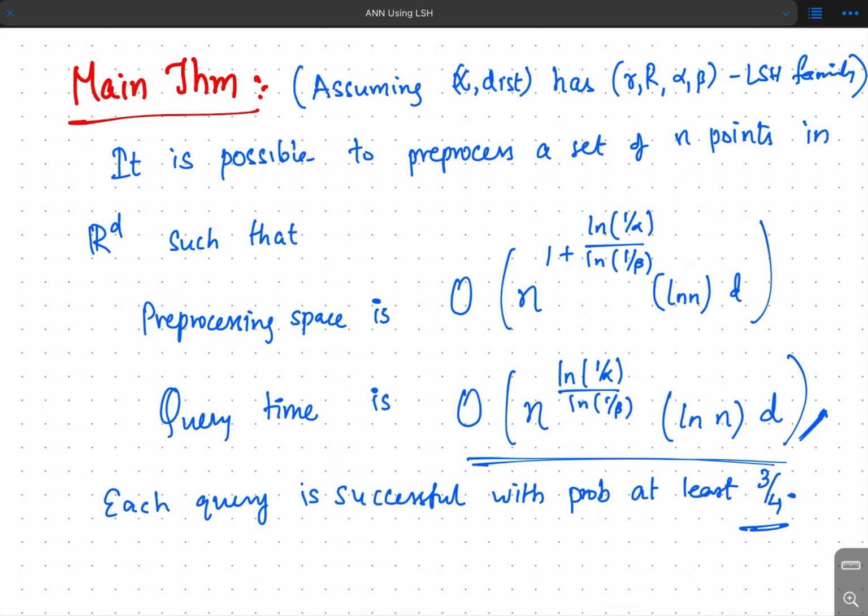This theorem is for the APQ problem, not for the approximate nearest neighbor problem. It's for the approximate proximity query. But as we have seen earlier, approximate nearest neighbor itself can be solved using a logarithmic number of calls to approximate proximity query.